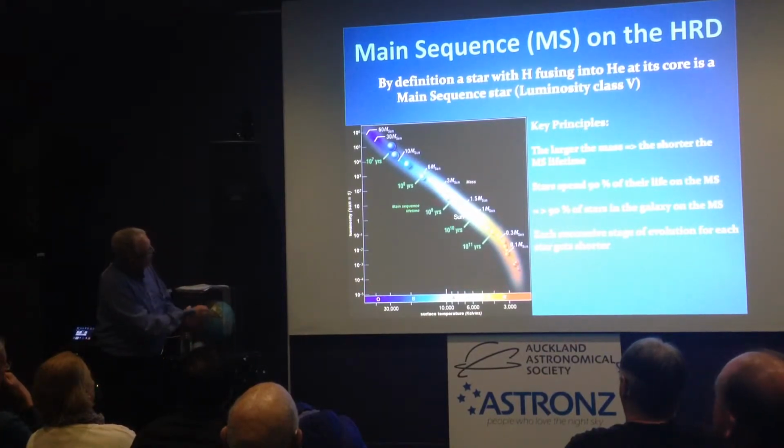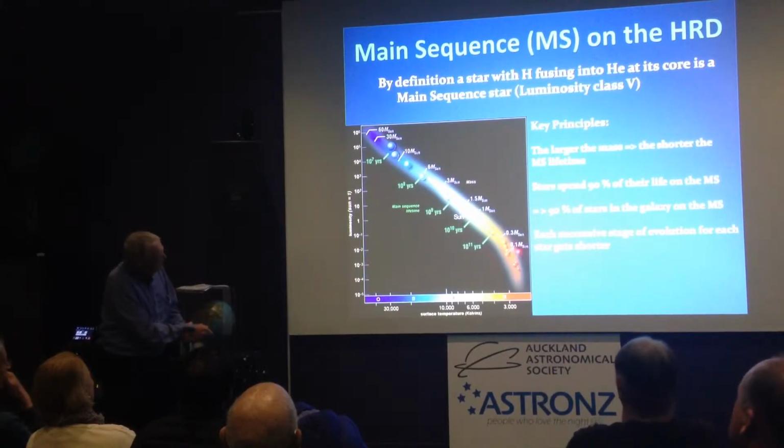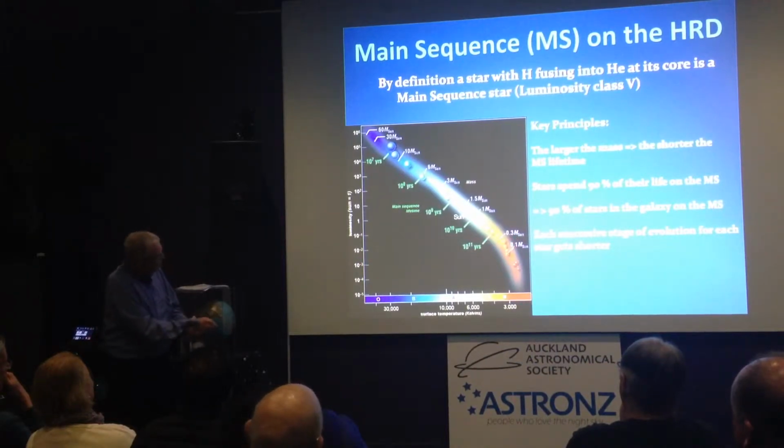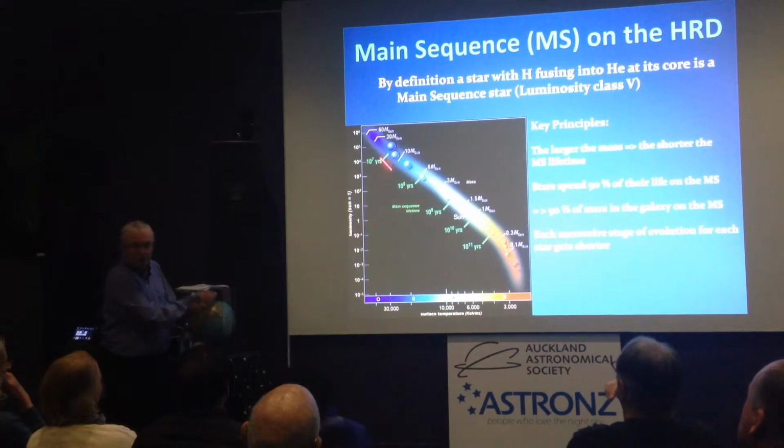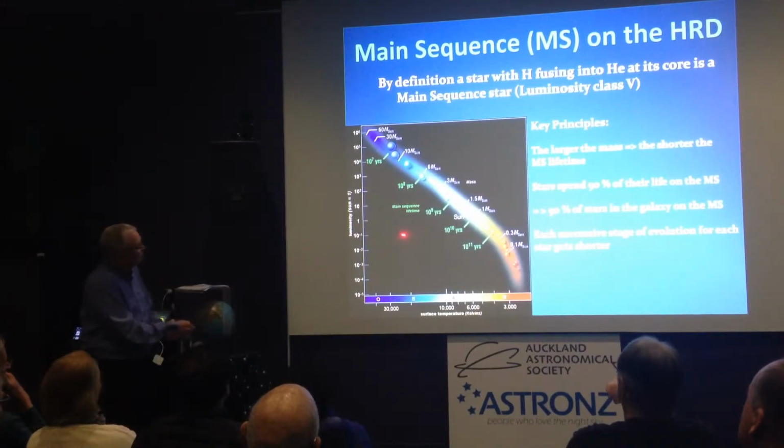And they've put on here, in white, the masses of the stars. Do you notice there's a pattern there? All these low mass stars are in this corner over here, really dim, really cool, and as you go up to one solar mass, namely our sun, 1.5, 3, 6, and so on, you're getting a brighter and hotter star, the bigger the mass is.